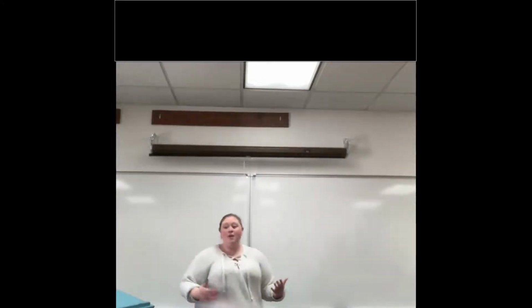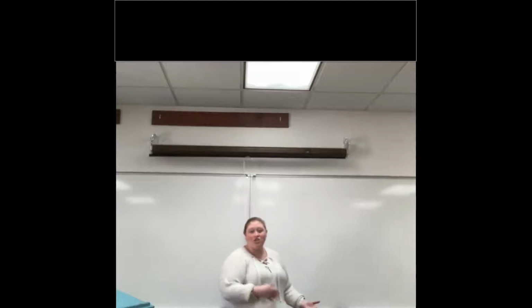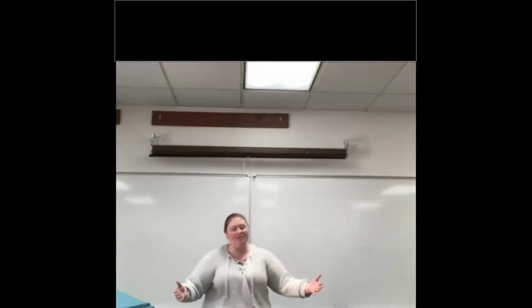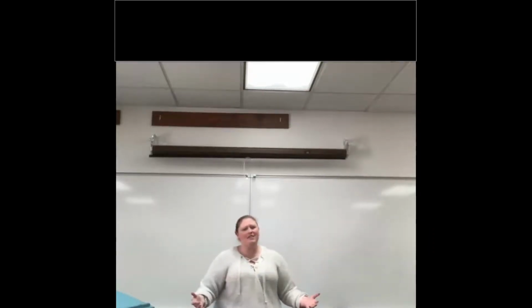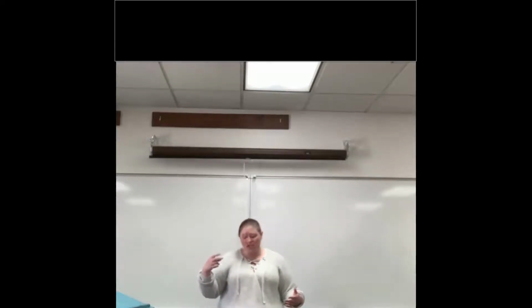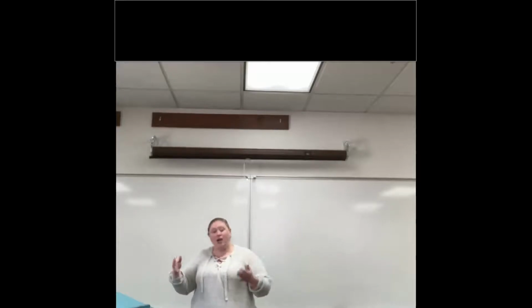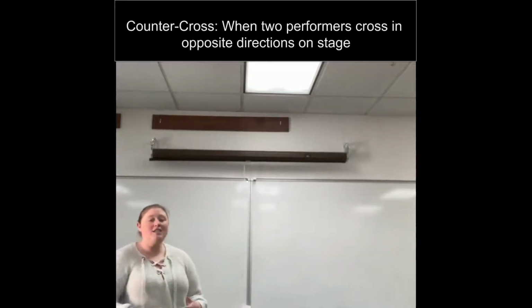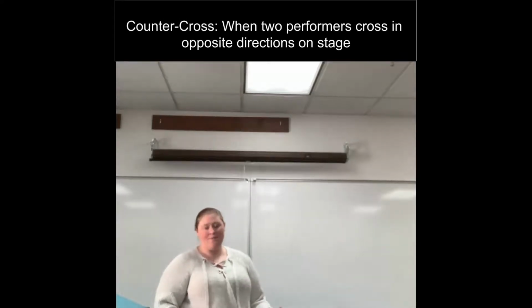Now sometimes you'll have multiple performers on stage, 2, 3, 4, 5, and they're all moving at the same time. Well, if you have 2 people on stage or more, and one person crosses from one side of the stage to the other, and person 2 does the opposite, that's called a counter cross.